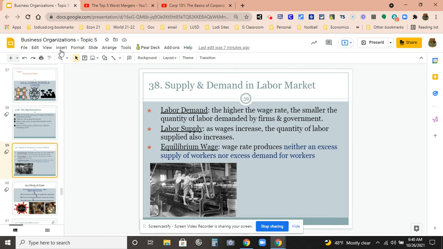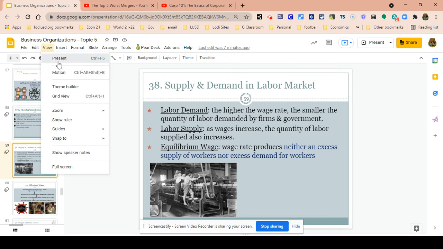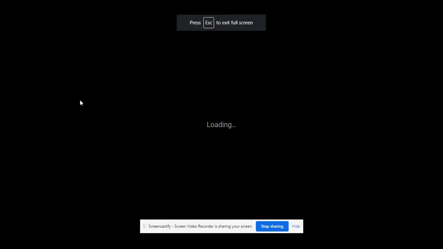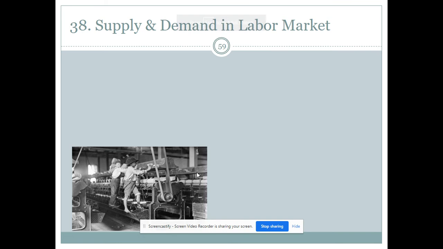What do we see here? Let's take a look at the picture. This is what used to happen. Kids would work in factories. These kids are young kids. I don't know, that kid's 4, 5, 6. Definitely not very old. This one's maybe 7 or 8, but they're both young and barefoot.